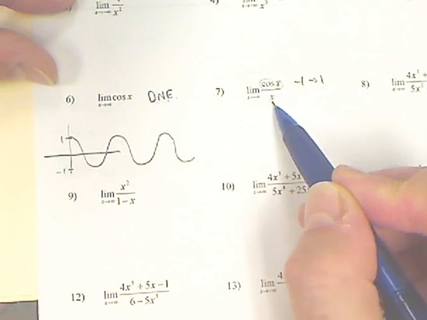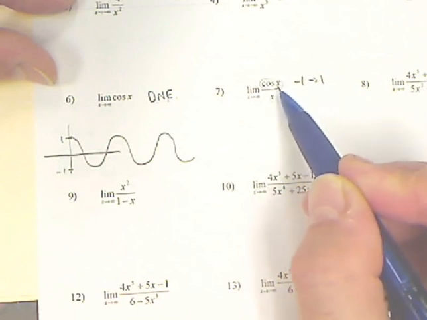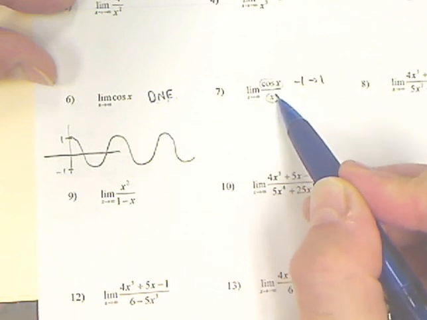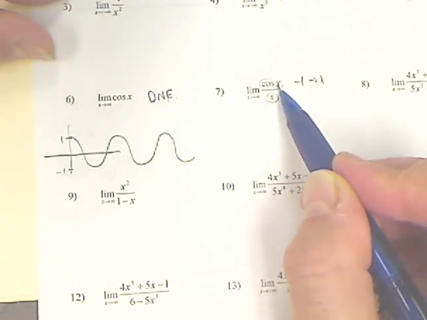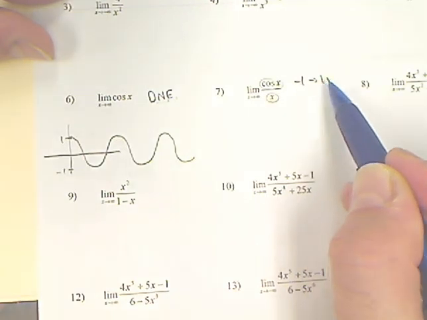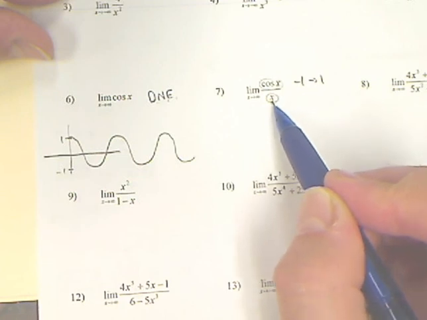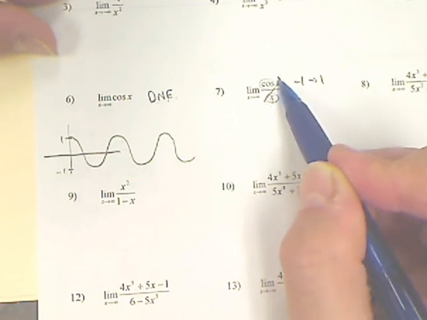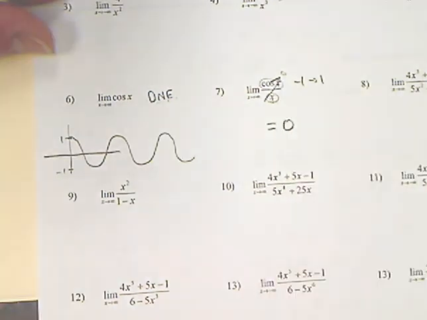Now put in a billion. You'd get something between those guys divided by a billion, etc. This guy's getting huge. This guy's going to a billion, a trillion, a quadrillion, going to infinity. But this guy's always staying between negative 1 and positive 1, which means that's the dominant term. That guy's getting bigger faster than that guy is. And since the denominator is getting bigger faster, that fraction is headed to 0. So the answer to 7 is 0.